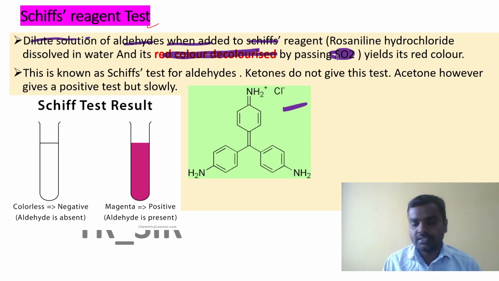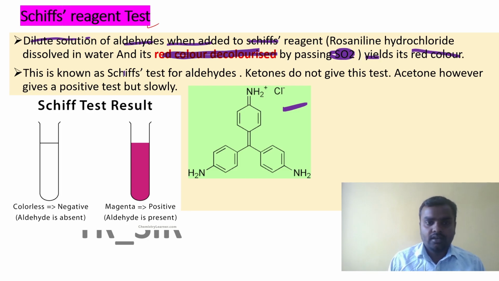SO2 has a bleaching action in this case. The decolorized para rosaniline hydrochloride yields a red color. This is known as Schiff's test for aldehydes.